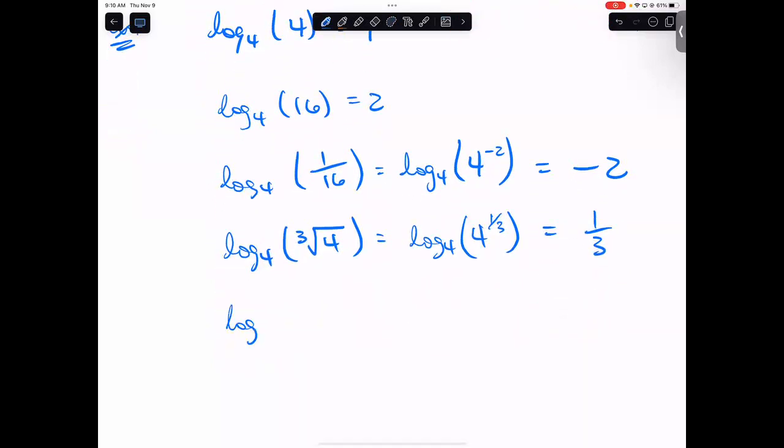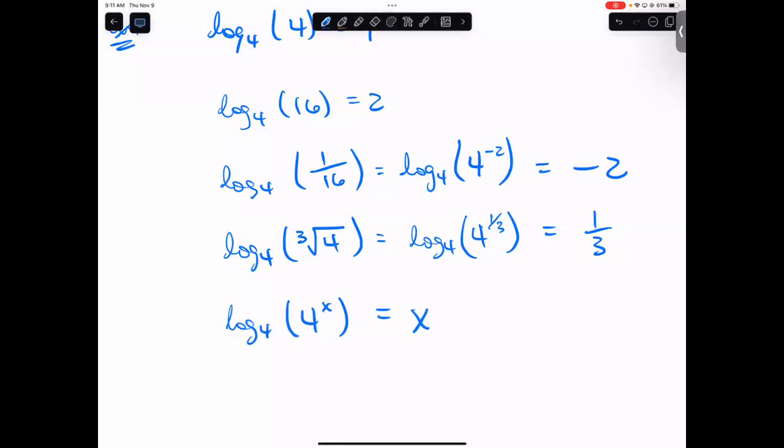Okay. How about the log base 4 of 4 to the x? How many 4s here? X copies of it, right? 4 to the x means 4 times 4 times 4 times 4, whatever x times is. So how many 4s are in here? Well, that many. Notice what's happening.